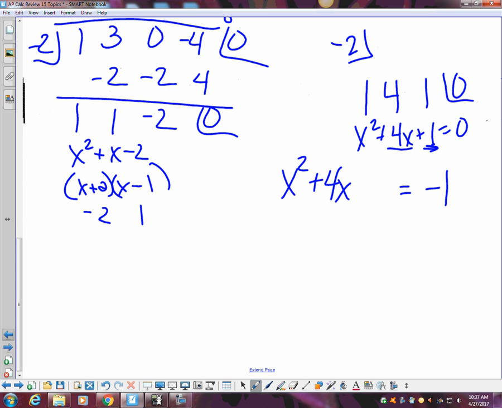Okay, what's half of 4? 2, and then you square it. So what do you get? And if I add 4 to this side, what do I do to this side? Yeah, what you do to one side, you do the exact same thing to the other. This is now a perfect square trinomial, which would be x plus 2, x plus 2. So x plus 2 squared equals 3.